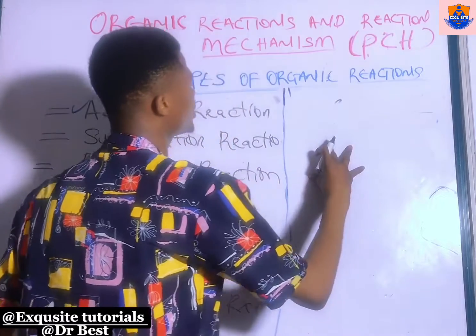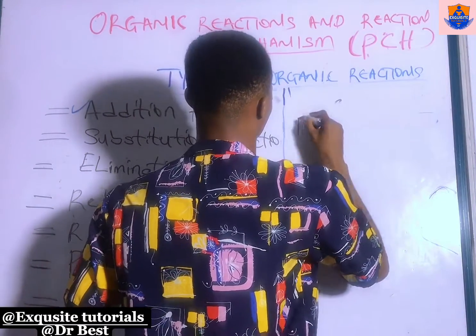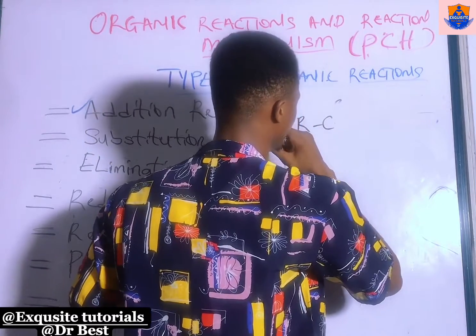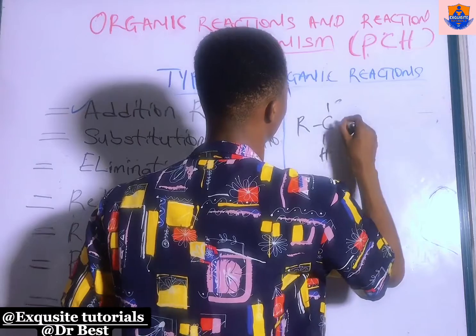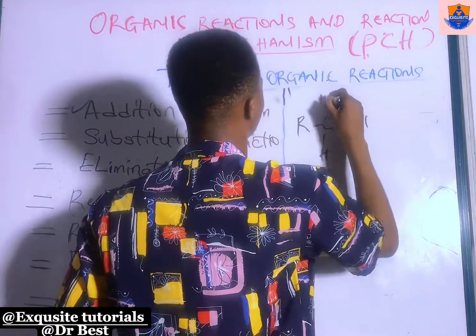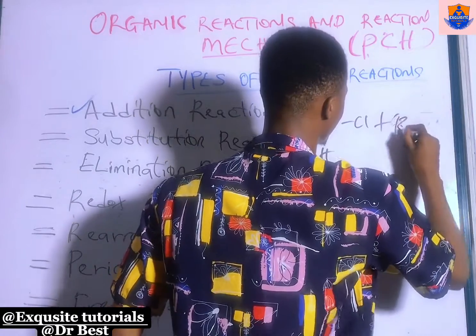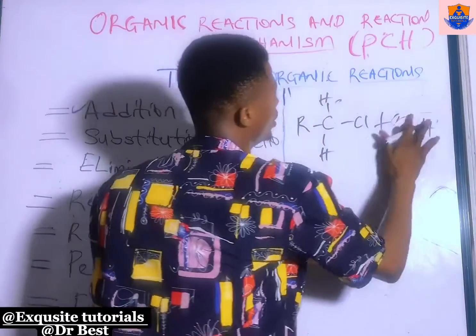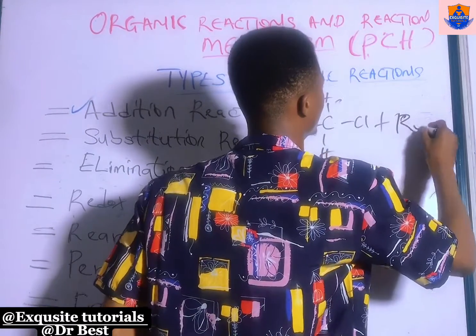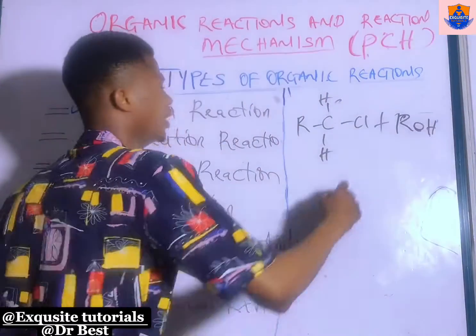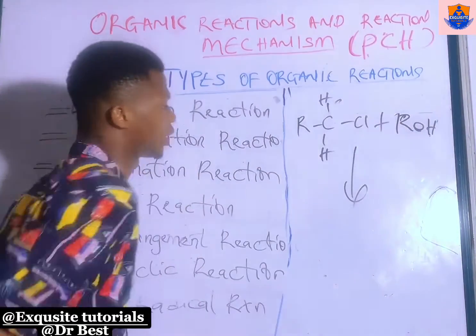Substitution reaction. Now let's take, for example, R-C-l plus OH, just like the example we used before, right? This is an alkyl halide and an alcohol.